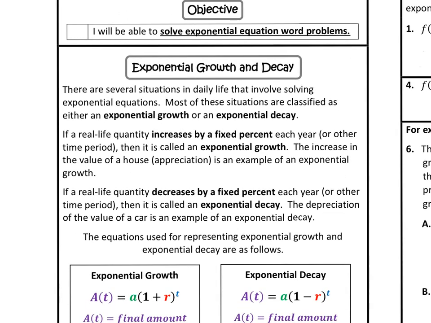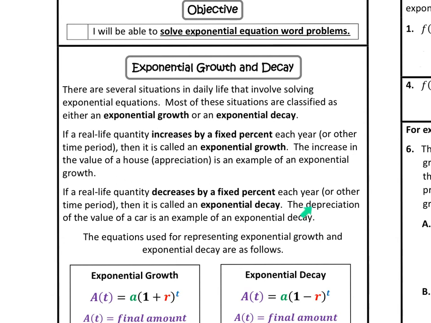Continuing on here, we read, if a real-life quantity decreases by a fixed percent each year or other time period, and what it means by other time period, that could be talking about days or months or years, right? Then it's called an exponential decay if we see a decrease.